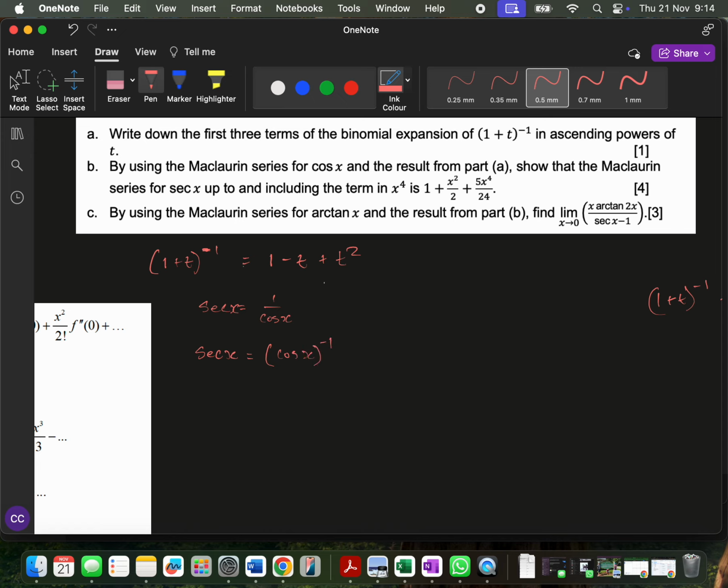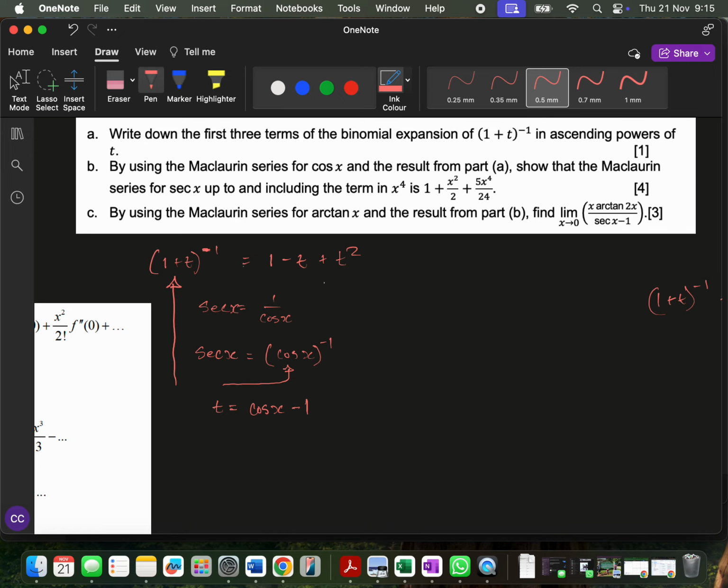All right, now I want whatever I put in there to be equal to cosine. So in order to make that happen, I'm going to substitute t equals cosine of x take away 1.